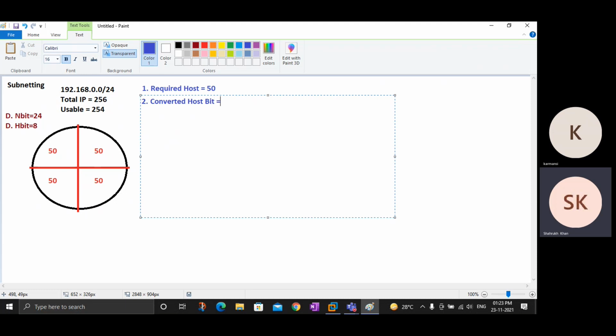And there is a formula for calculating this value, that is 2 raised to the power h, minus 2, which should be greater than or equal to the required host.